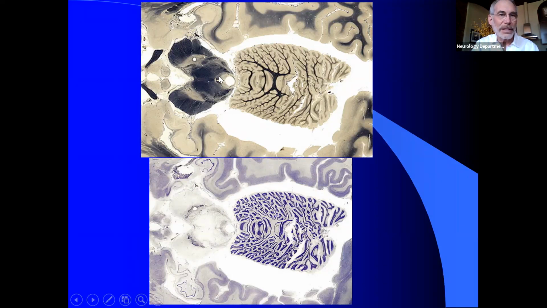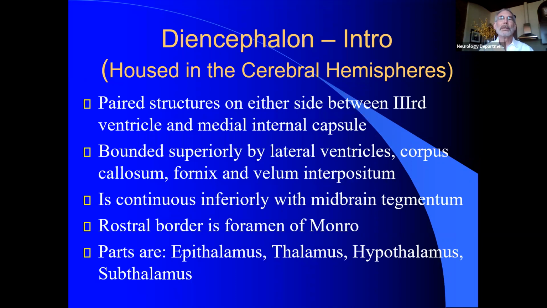The MLF is still present, along with the periaqueductal gray. Here are the emerging third nerve nuclei and the third nerve itself. And just to go back, here is the Nissl-stained view of the pars compacta. Those are the big neurons of the substantia nigra that run as a sheet.